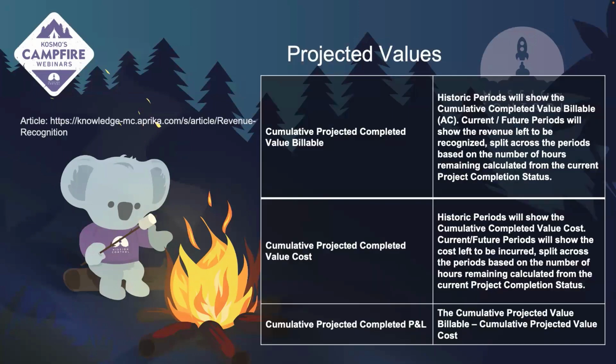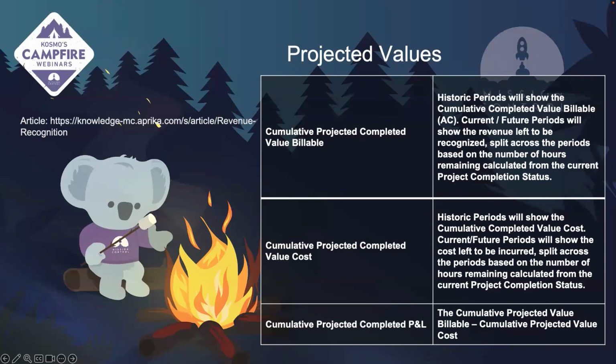All right, getting into those projected values. Your projected values will compare your previous historic periods to your current. So for the cumulative projected completed value, that's going to be your sum of the completed value billable for your current and future periods.